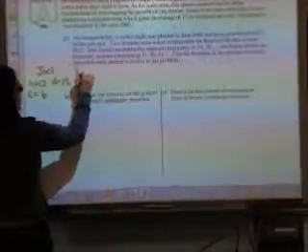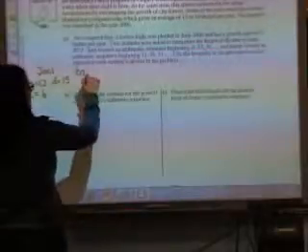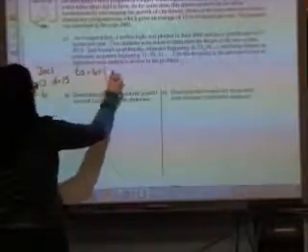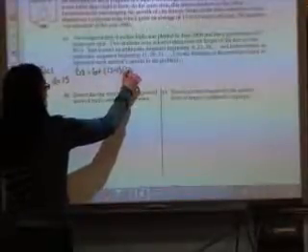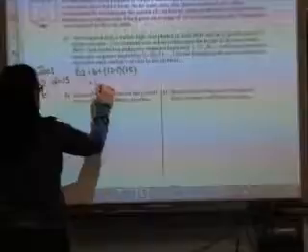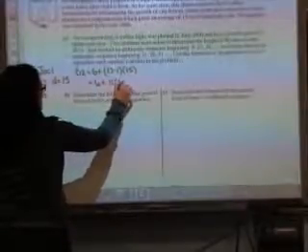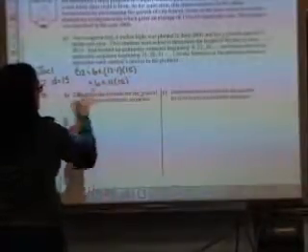And what's my common difference? 15. So T of 12, which would be the height of the tree in 2011, would be 6 plus 12 minus 1 times 15, or 6 plus 11 times 15, which would be how many inches?